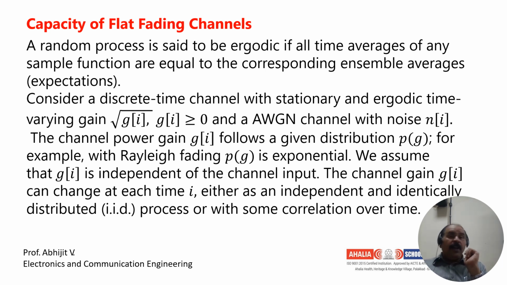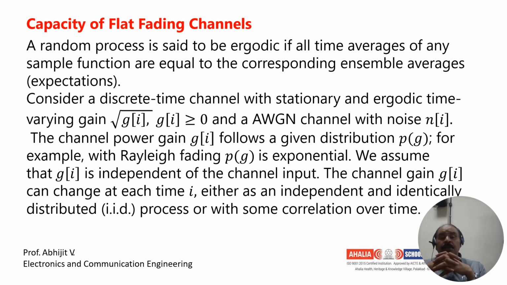So let us define what is an ergodic random process. A random process is said to be ergodic if all time averages of any sample function are equal to the corresponding ensemble averages or expectations.